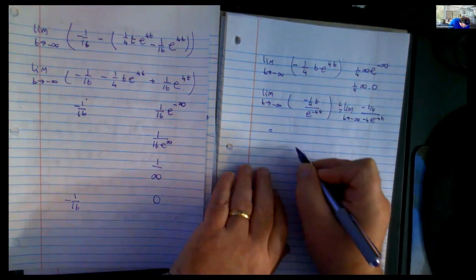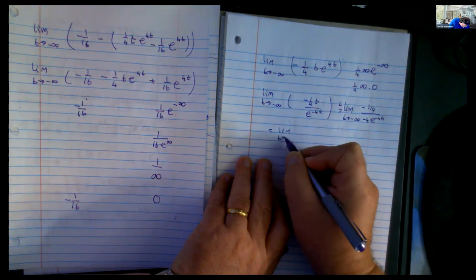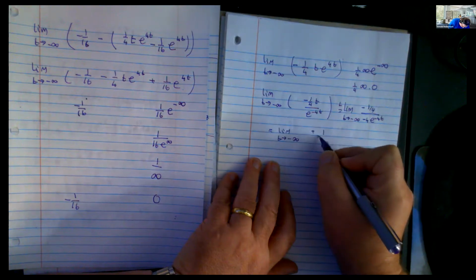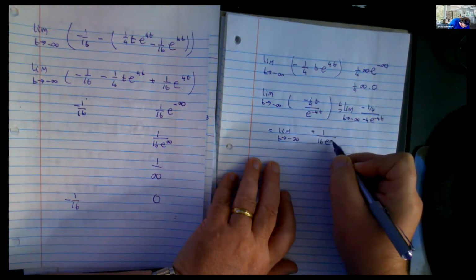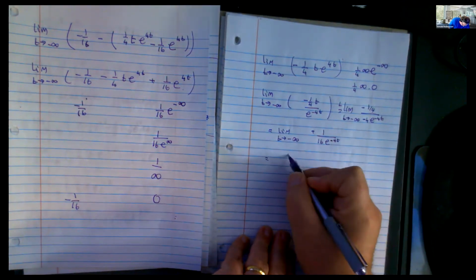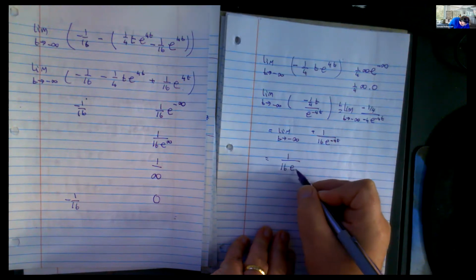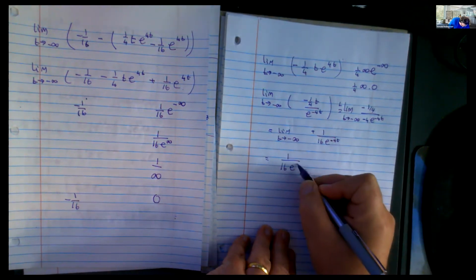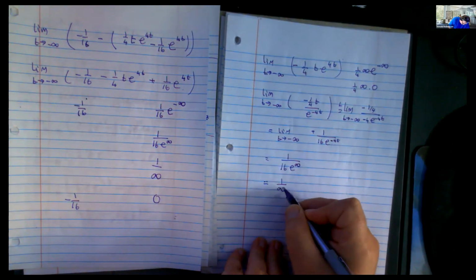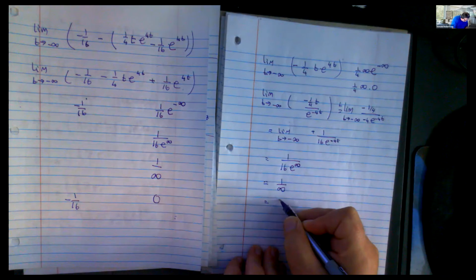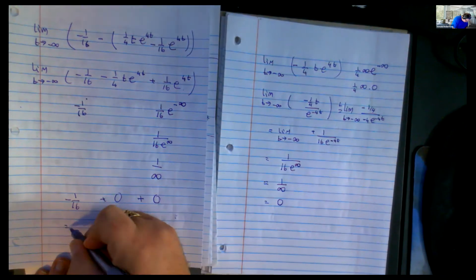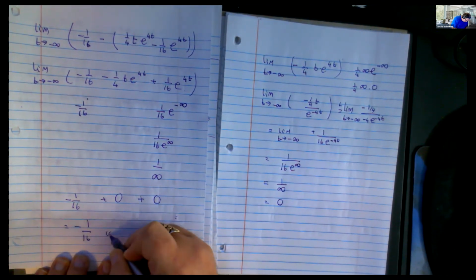And that becomes the limit as t tends to negative infinity of positive 1/16 e to the negative 4t. Now, if you plug negative infinity in here, you get 16e. Negative 4 times negative infinity is plus infinity. 1/all of that is infinity. 1/infinity gets you 0. So after all that hard work, we just found out the middle term was 0, and therefore the answer converges to negative 1/16.